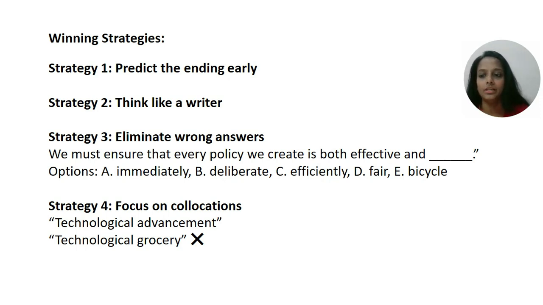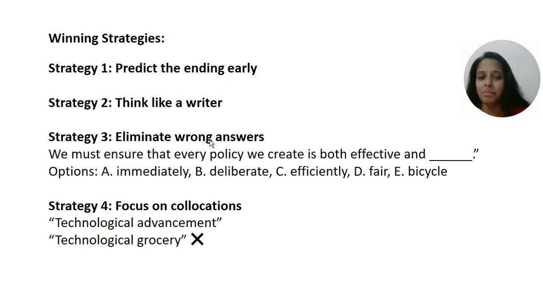Say, for example, we must ensure that every policy we create is both effective and dash. The options given here are immediately, deliberate, efficiently, fair, and bicycle. So we know that when we are talking about policy, obviously bicycle won't fit, right? So it's out.